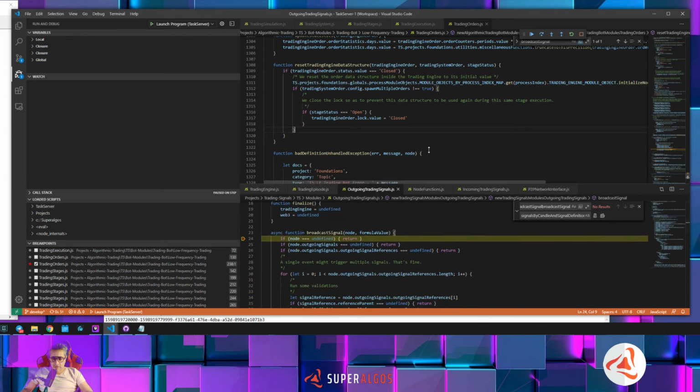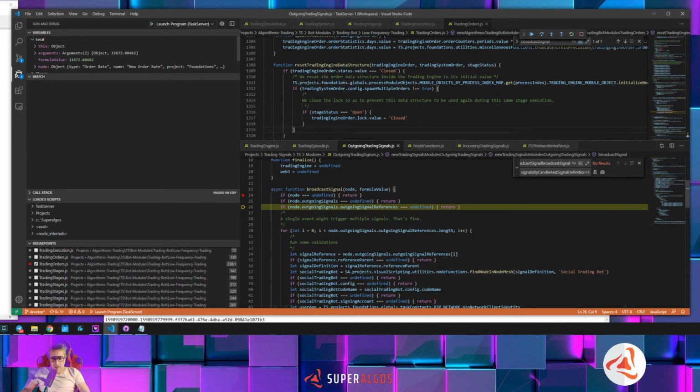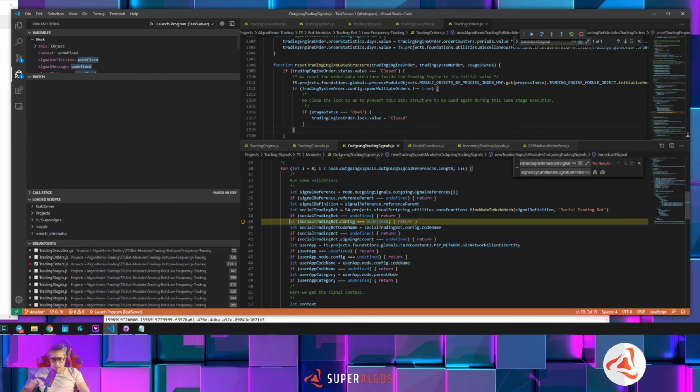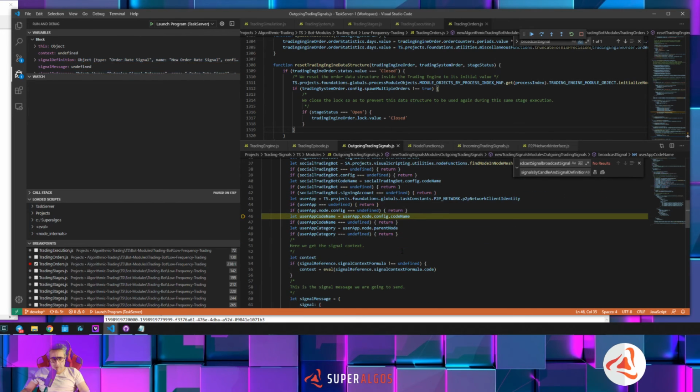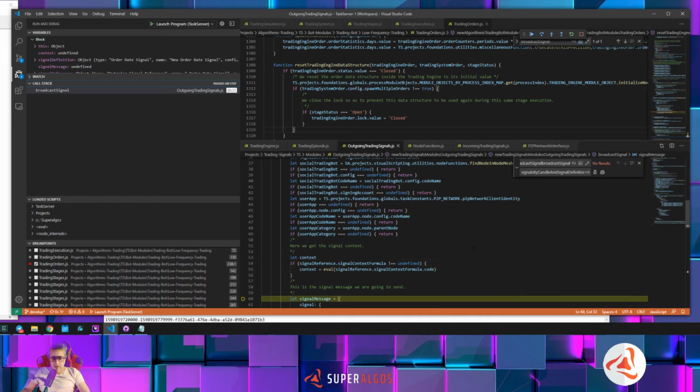Okay. I hit F5 and we are here again. Again with the same stuff, order rate. If I run all this stuff, so a similar call stack.